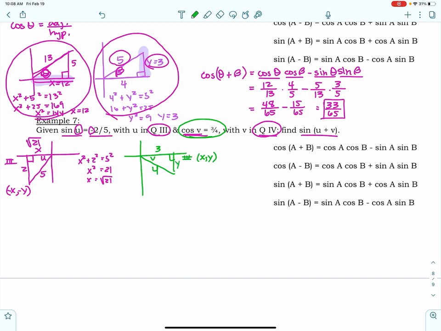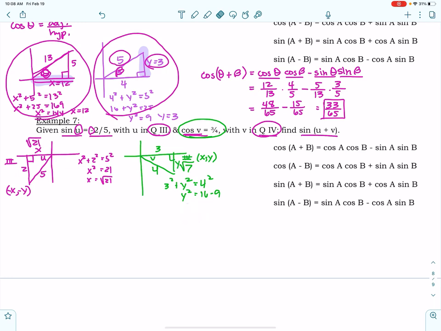So again, the Pythagorean theorem, 3 squared plus y squared equals 4 squared. So I know that 4 squared is 16 and 3 squared is 9. So 16 minus 9, so y squared is equal to 7. I take the square root of that, and I get the square root of 7. So this value is the square root of 7.